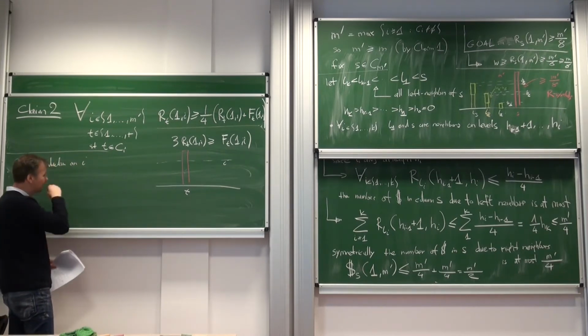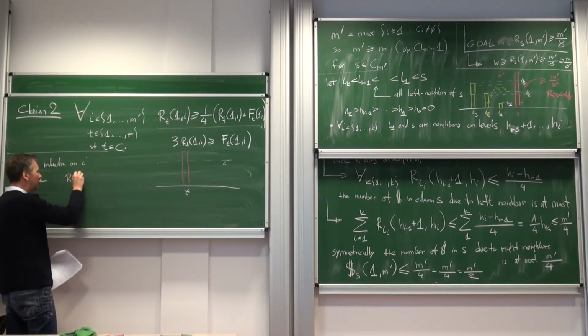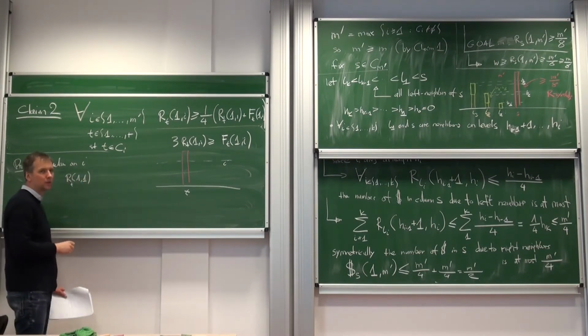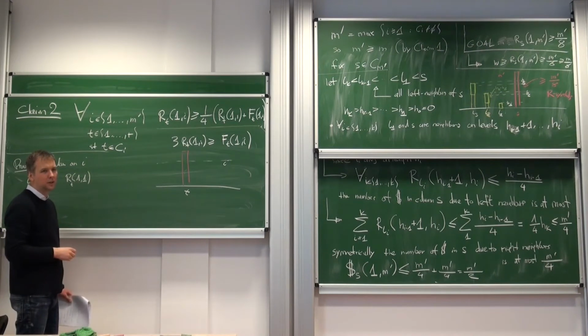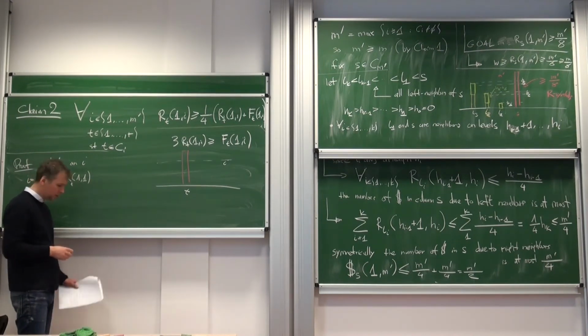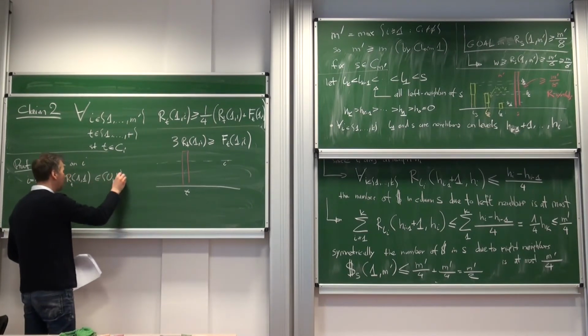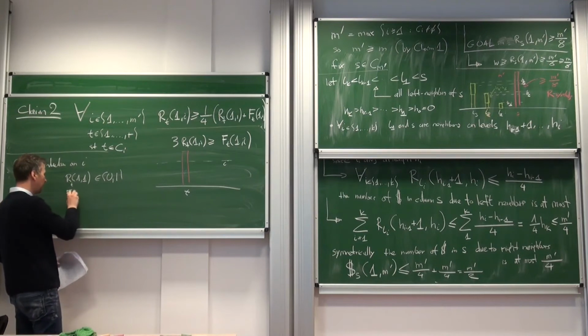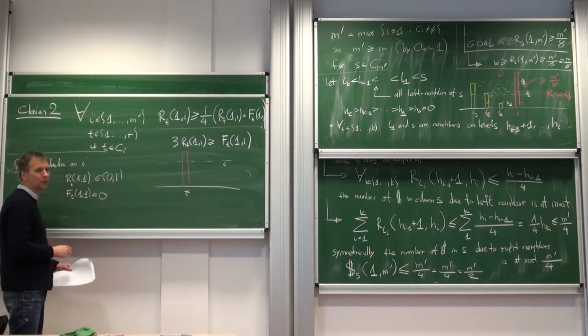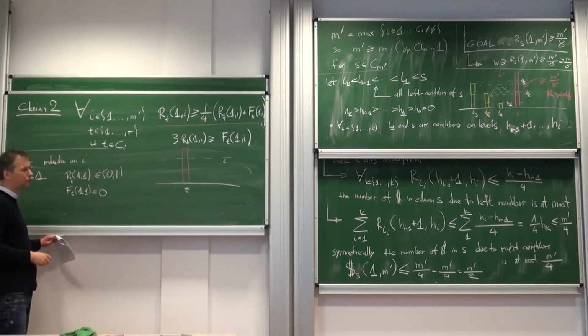So R(t,1,1) is either 1 or 0. It's either an R symbol or a dollar symbol. And what is the number of F symbols? It's 0. So this one holds.